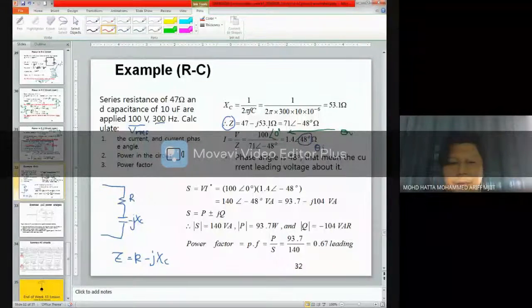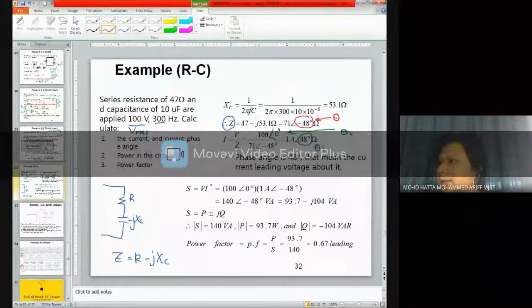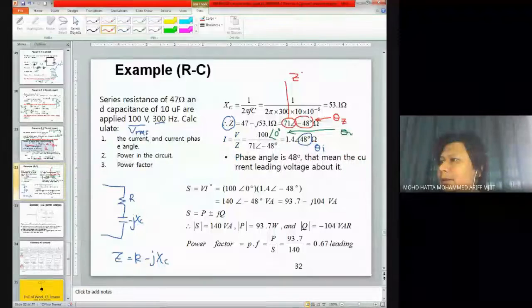And if you convert from rectangular to polar value, this part is known as our theta Z. Okay, and this one is our magnitude of Z.